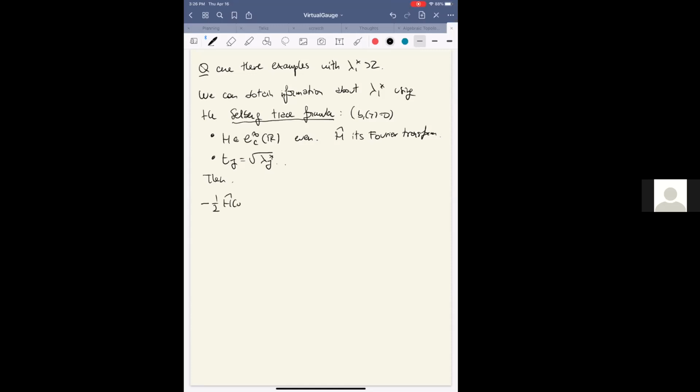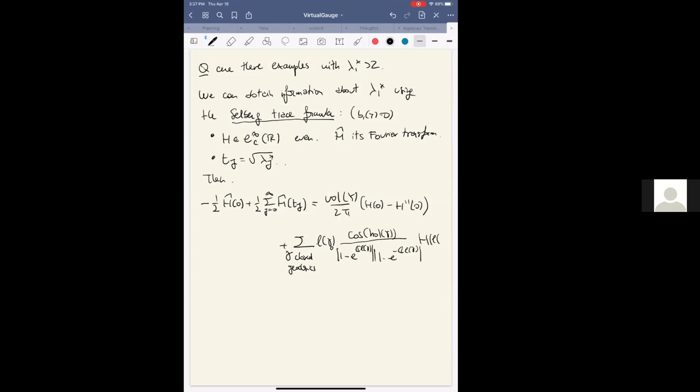So the Fourier transform at 0 plus 1/2 the sum from j equals 0 to infinity of h hat of t_j will be the volume of Y divided by 2 pi times h of 0 minus the second derivative at 0, plus the sum over all closed geodesics of the length of gamma_0, times the holonomy of gamma divided by 1 minus e to the complex length of gamma times 1 minus e to the minus complex length of gamma, times the function h evaluated at the length of gamma.